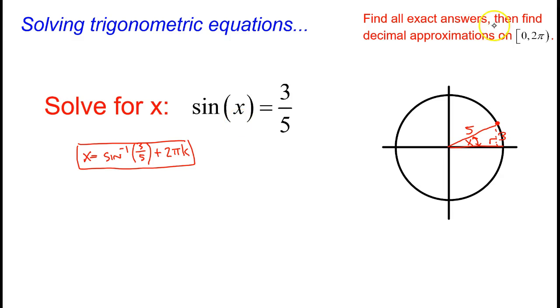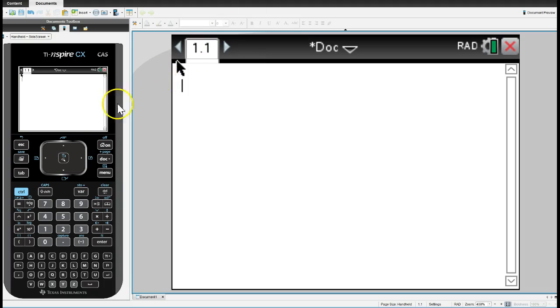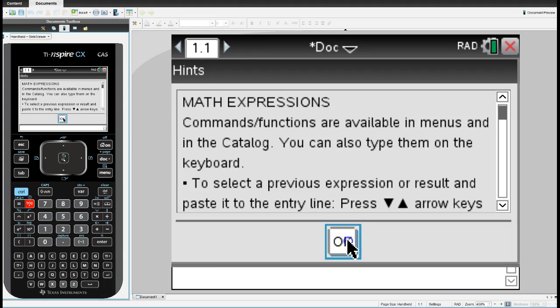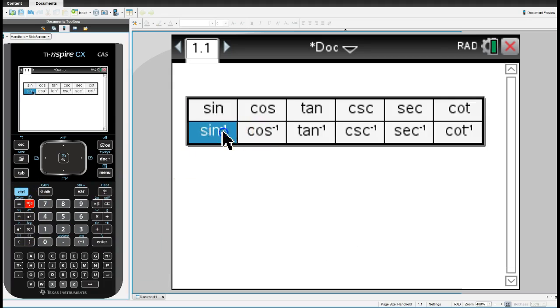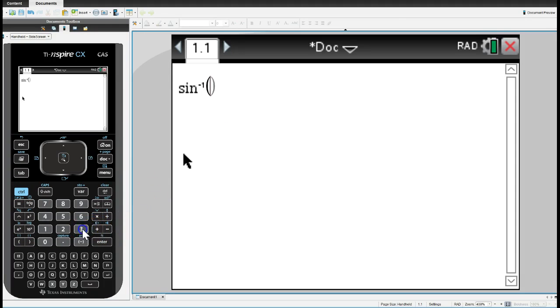We were then asked to find the decimal approximation on the interval from 0 to 2 pi. So I'm going to go to my calculator and find the inverse sine of 3/5. Watch what happens on my TI Inspire when I hit enter.